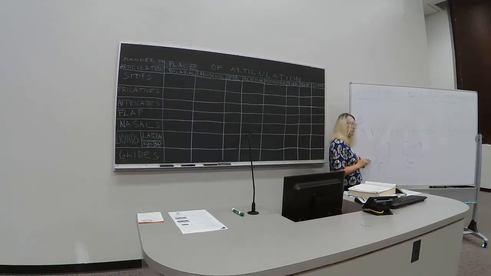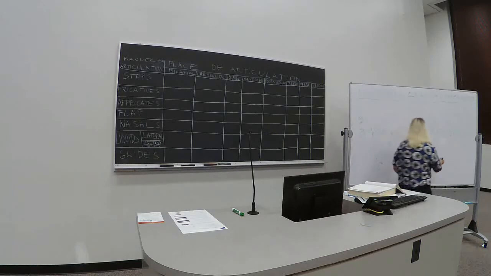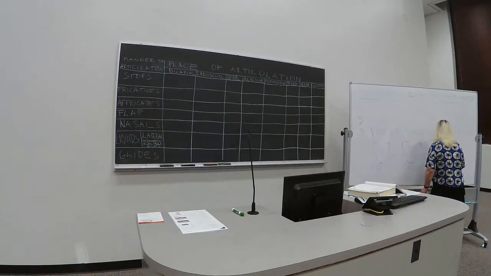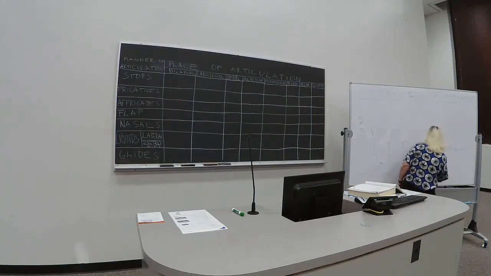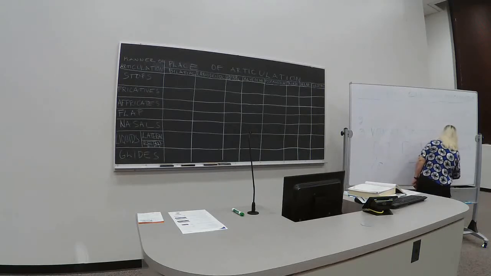When we talk about the sounds as representatives of the abstract phoneme, we put them in slashes. So these indicate phones, which are concrete, and these indicate phonemes, which are more abstract.